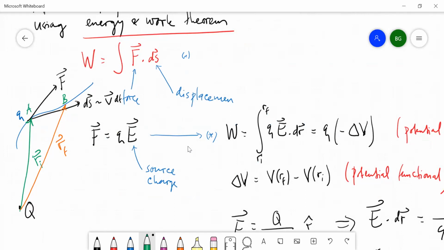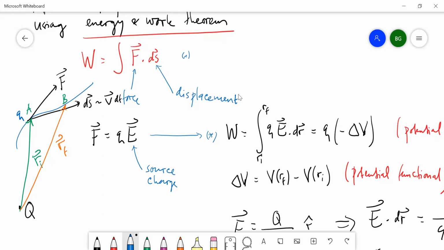the work W equals the integral of F dot ds, where F is the force and ds is the displacement vector.